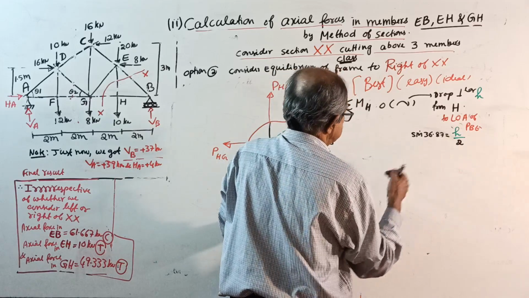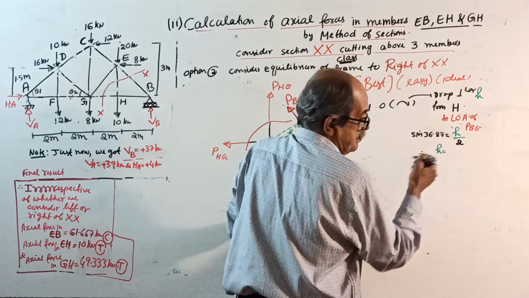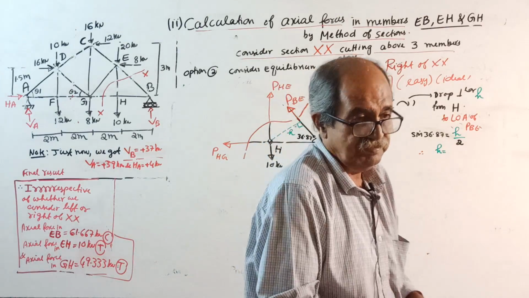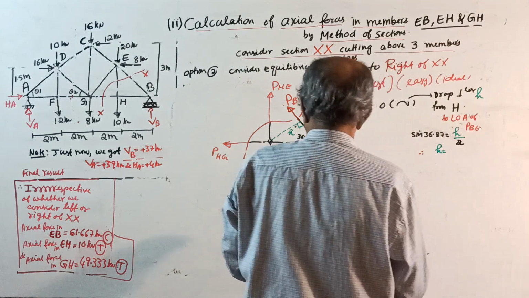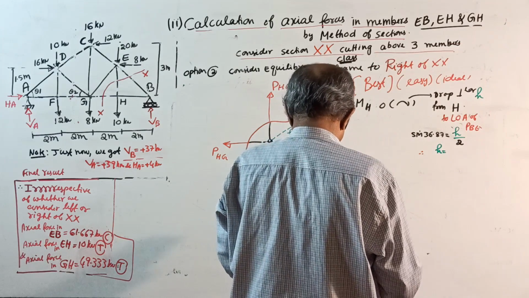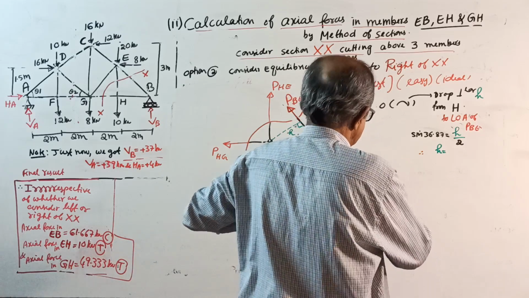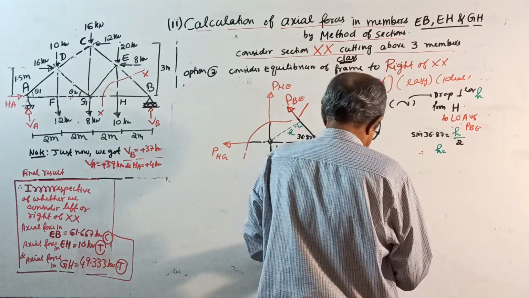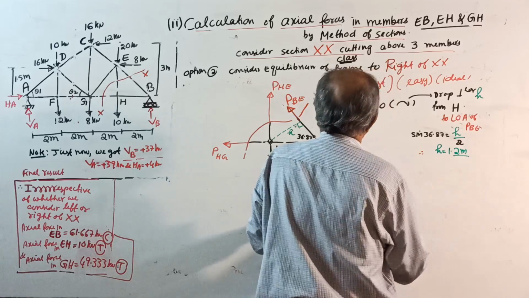Therefore, h will come, how much? Two into sine 36.87, 1.2 meter. h will come 1.2 meter.